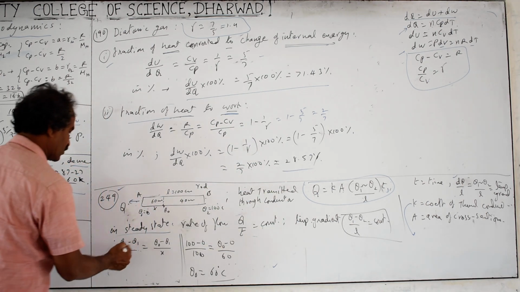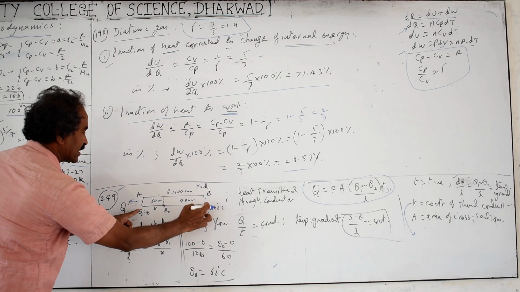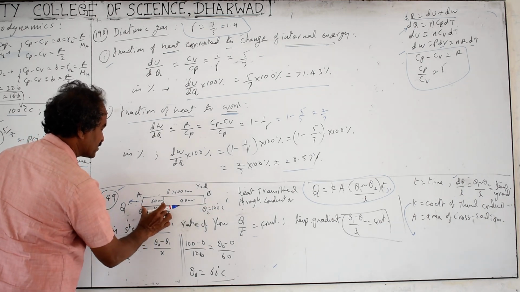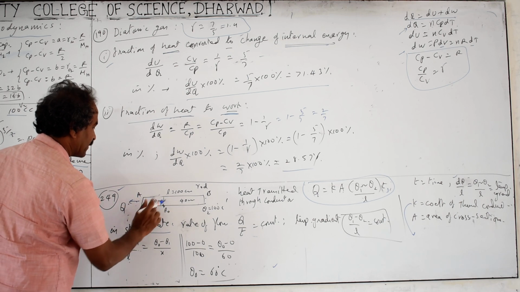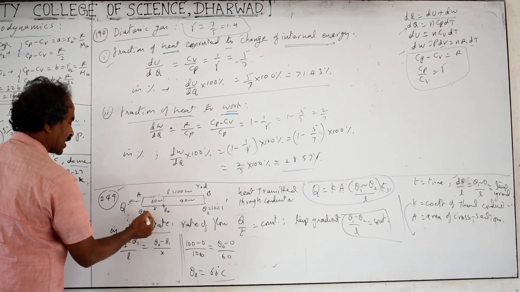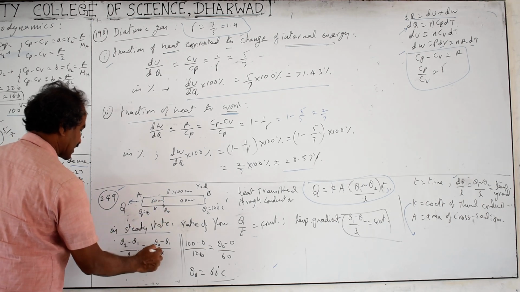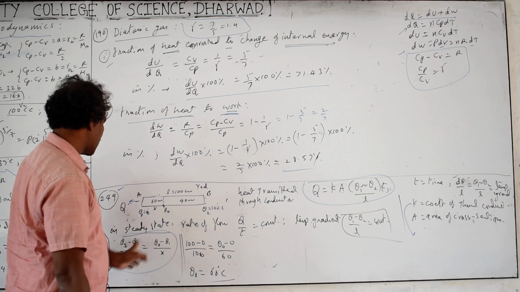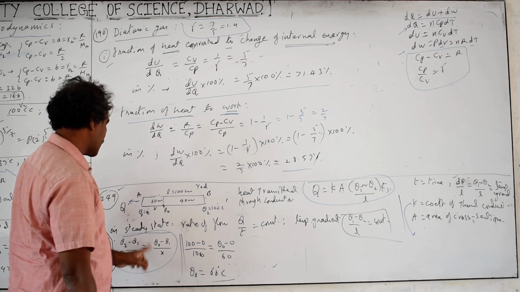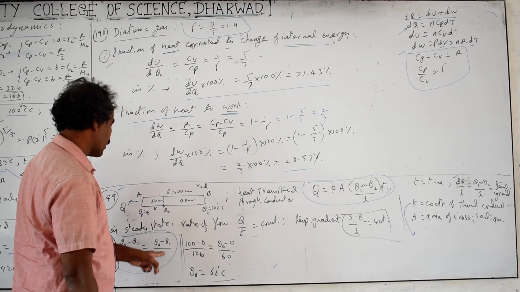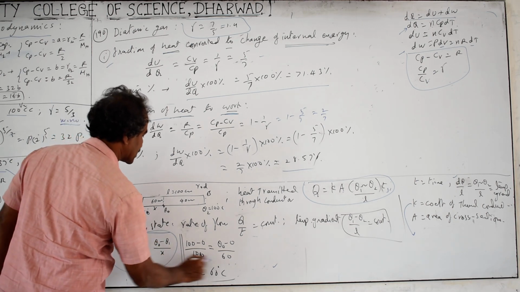You take theta 2 minus theta 1 by length. The total length is 100 centimeters, and this equals the temperature gradient at 60 centimeters distance from point A. So this temperature theta naught is more than theta 1, and we use theta naught minus theta 1 by the distance x. Substituting, 100 minus 0 by 100 gives 1, equal to theta naught minus 0 by 60. So theta naught is 60 degrees centigrade.